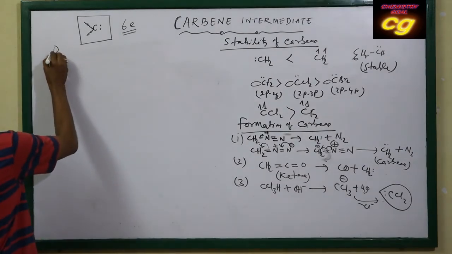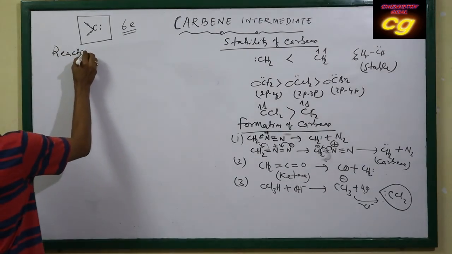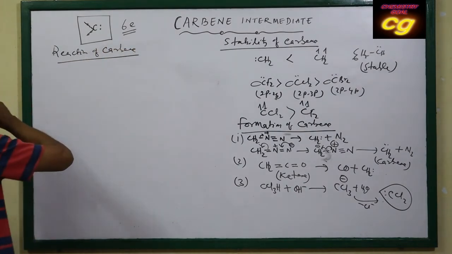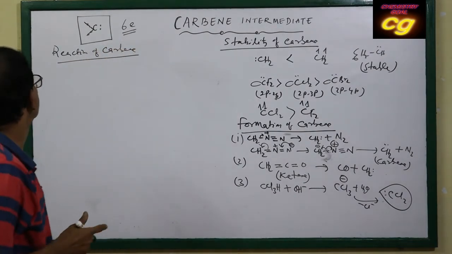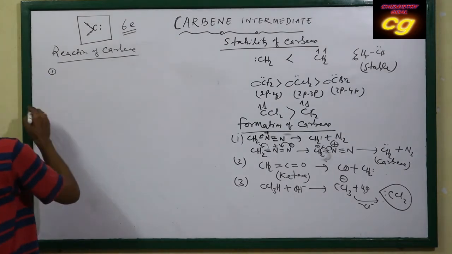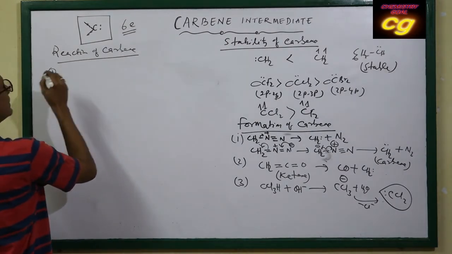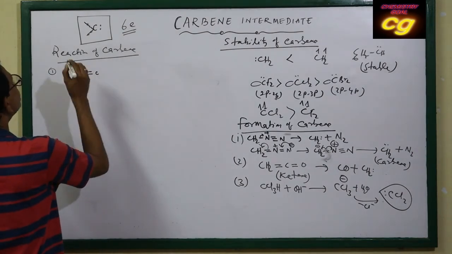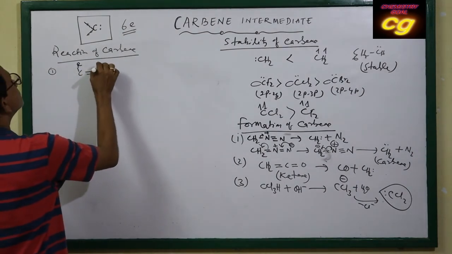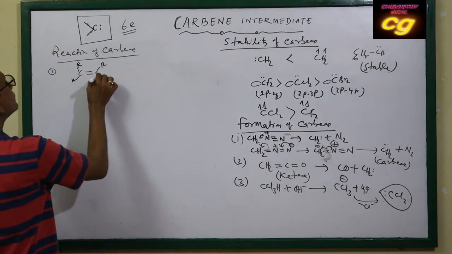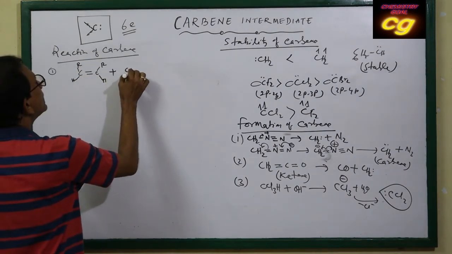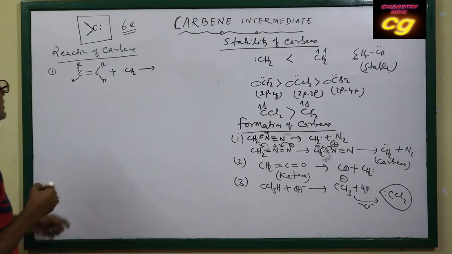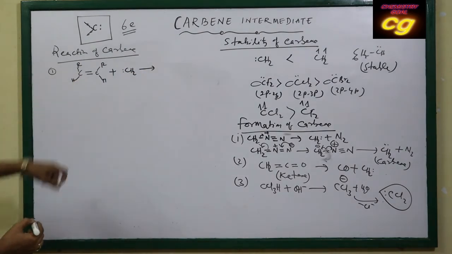Reaction of carbene. This intermediate can be used in the formation of product. Already, if you take an alkene, let it be a cis alkene, and you take one carbene, then the product will have both groups in the same direction.